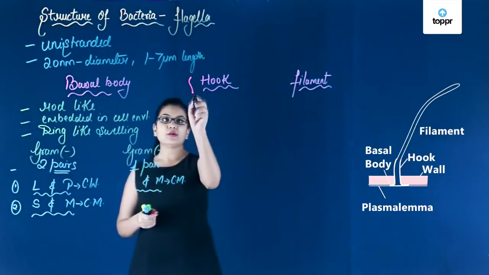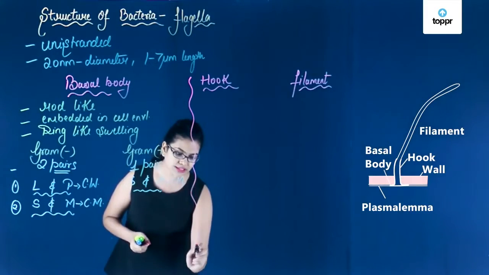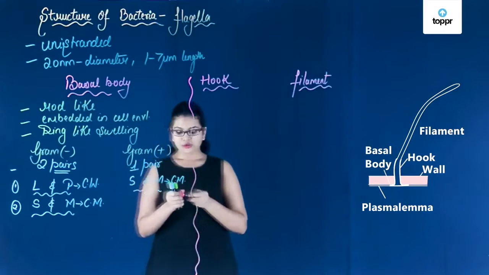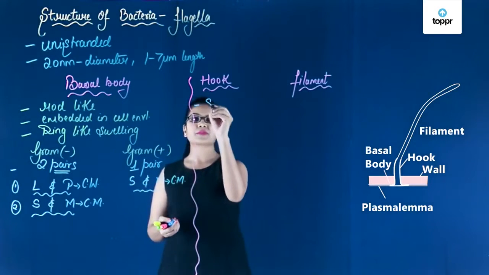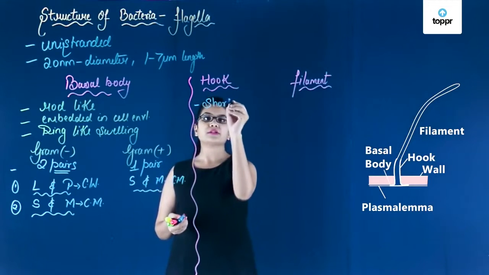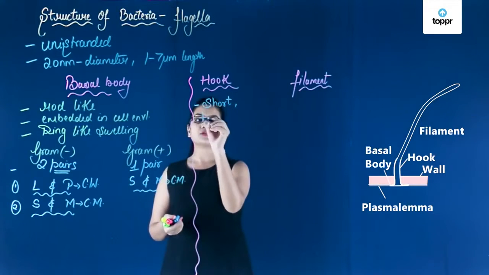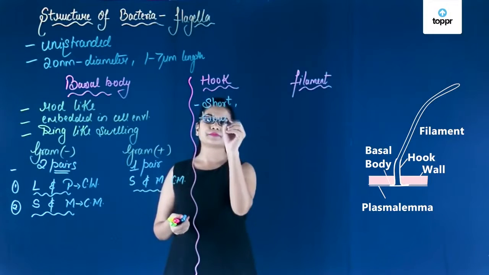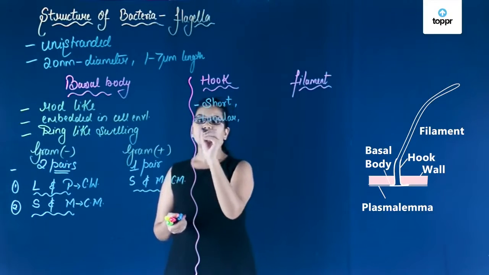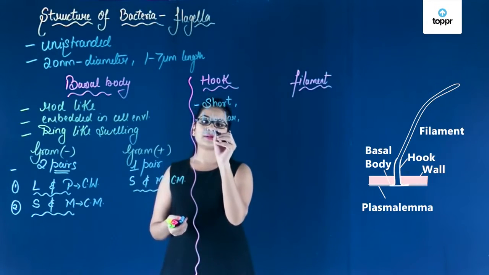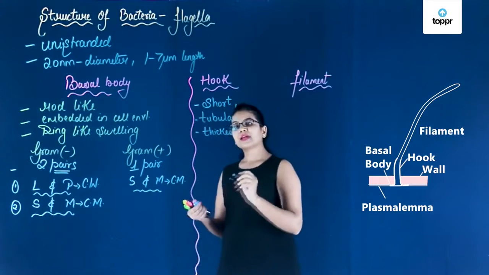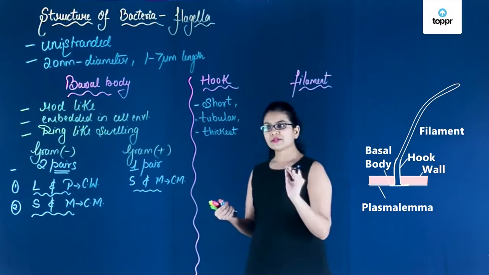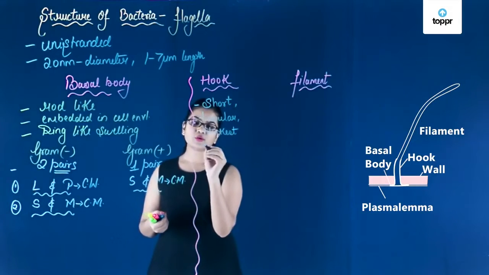The second part is the hook. Now what is the hook? What is its function? When we learn about the hook, first of all, we see that this is a short tubular structure, and it is the thickest part of our flagella. Now the function of the hook is to connect.